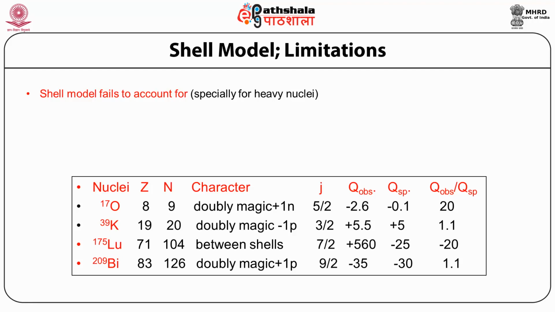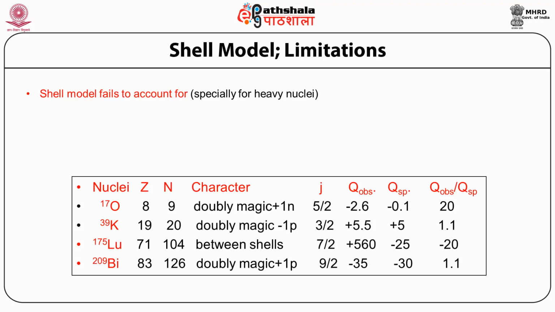Now we can see that the shell model is a very successful model in explaining the experimentally observed data as well as in predicting various nuclear properties in the ground state as well as in excited states, but it also has certain limitations.